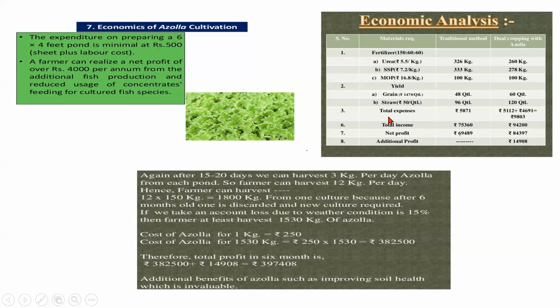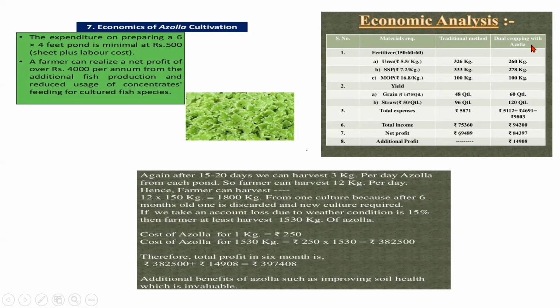So total expenses come down much, and you get a good profit with cropping with azolla. When you add azolla to your fertilizer, you get an additional profit of 14,000. When you use the traditional chemical fertilizer method, you get a profit of 69,000.